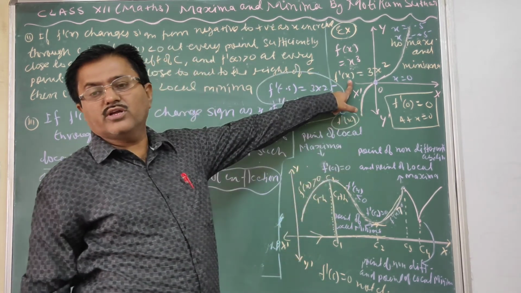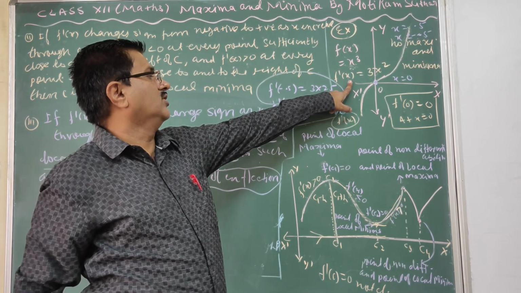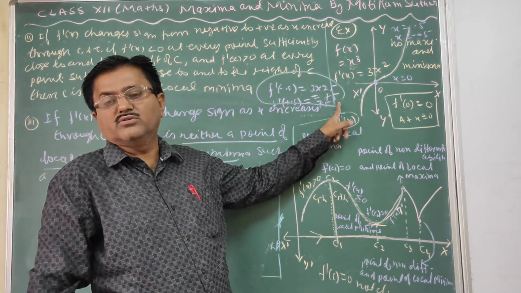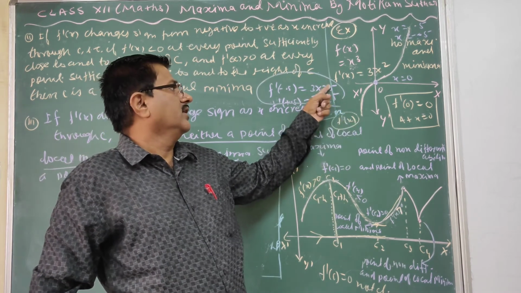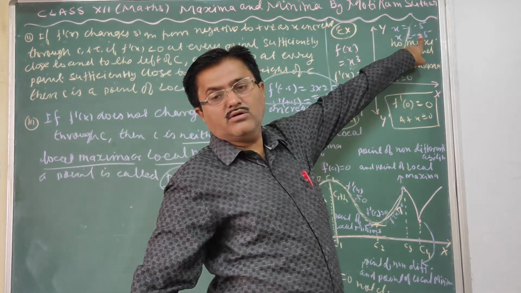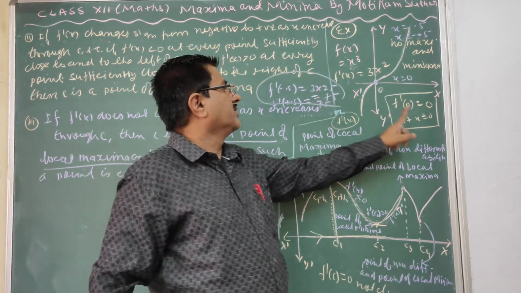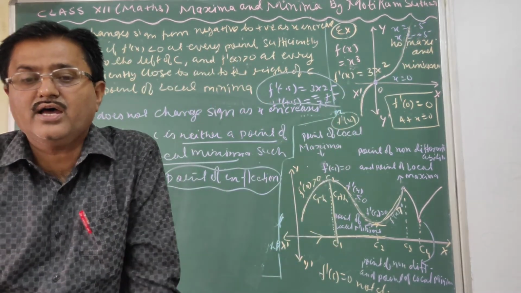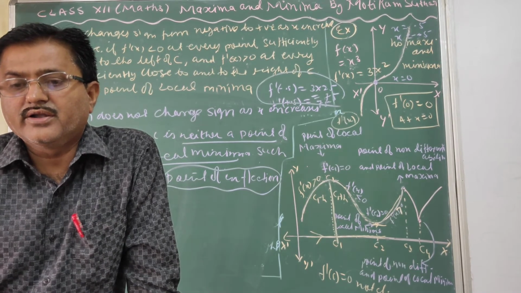So when we put both values, the sign of the derivative is positive. There is no change. If we take a value less than 0, then positive, and greater than 0, then also positive. Means there is no change in the sign of the derivative.